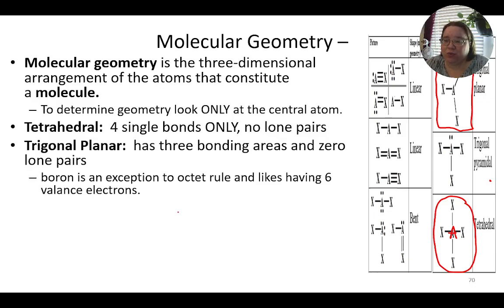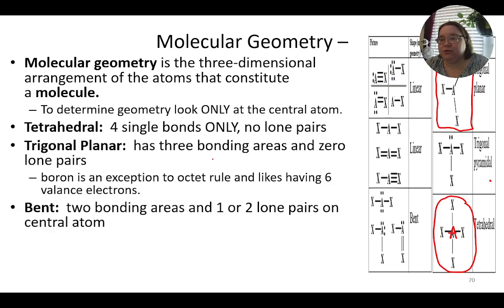Boron is one of the few elements that is an exception to the octet. He is electron deficient. So boron is stable with 6 electrons. Remember, we've already identified one electron deficient element earlier, and that was hydrogen, who likes having only 2 electrons to achieve stability. So a second one that's electron deficient that we will play with in this course is boron.